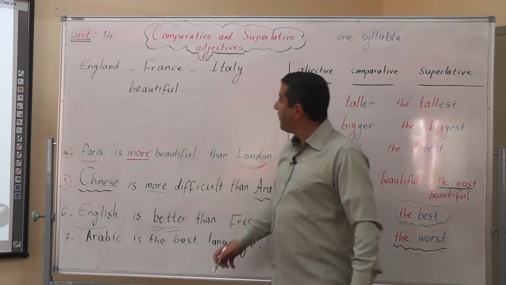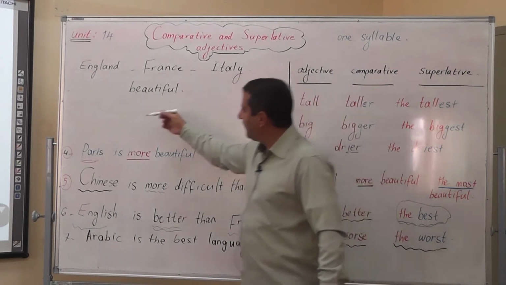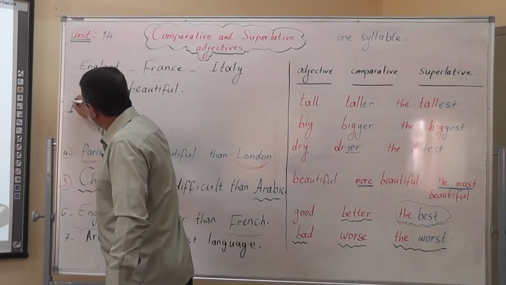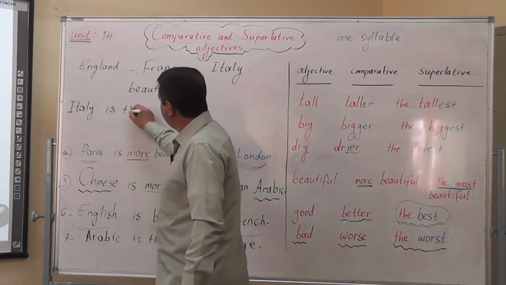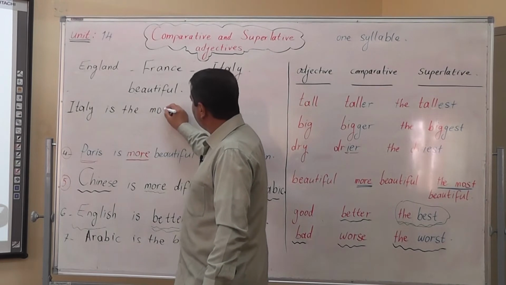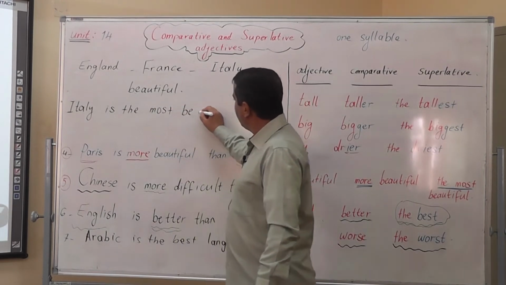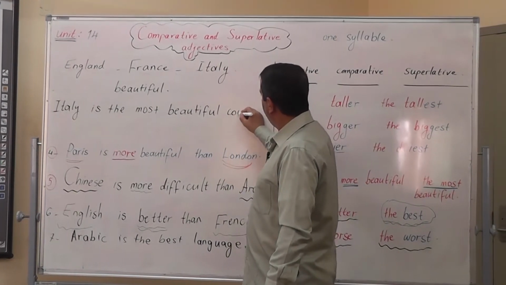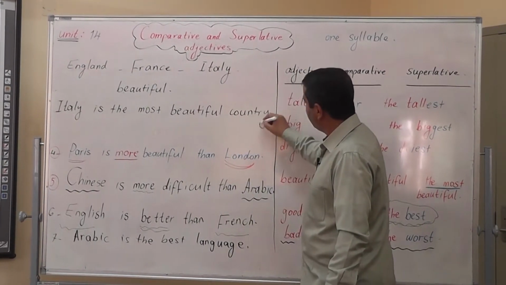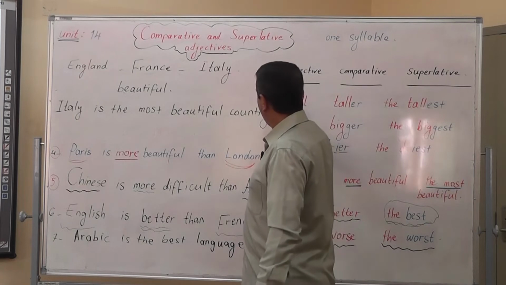So we say Italy is the most beautiful country in Europe.